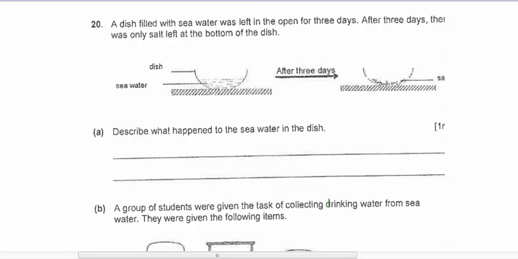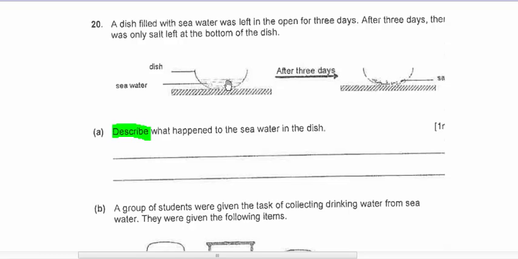Question 20. A dish filled with seawater was left in the open for 3 days. After 3 days, there was only salt left. So again, you're supposed to describe what happened to the seawater in the dish. The concept here is that during evaporation, only water is being evaporated. So whatever impurities, in this case the salt, will be left behind.